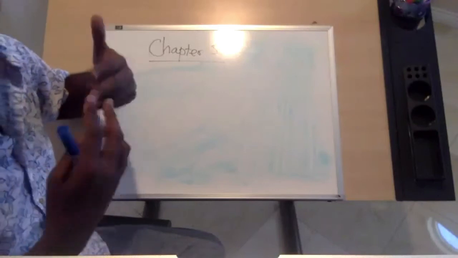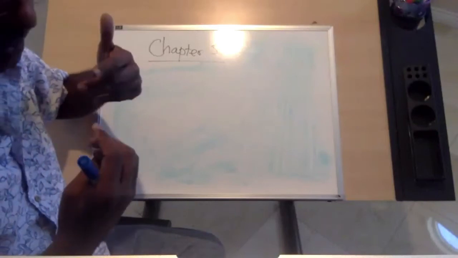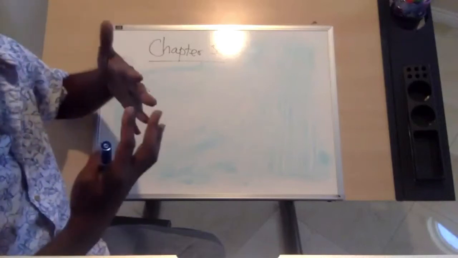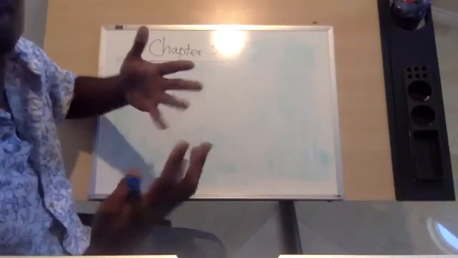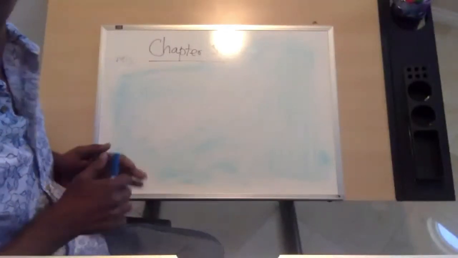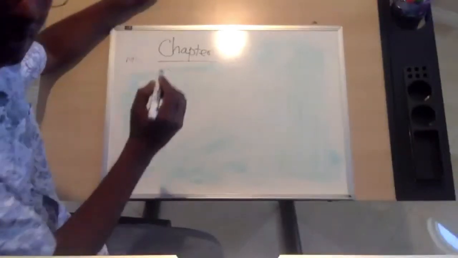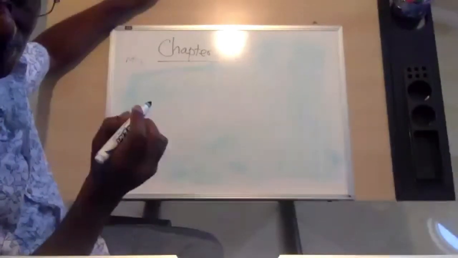For example, solubility is one of the most important things. How can I predict whether this molecule is going to be soluble in water, or oil soluble, or something in between? So first, we need to see whether a molecule is polar or non-polar.